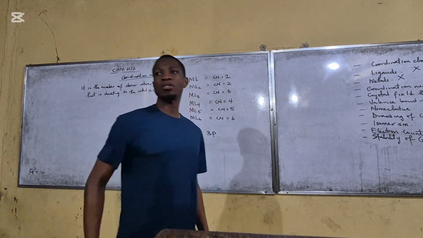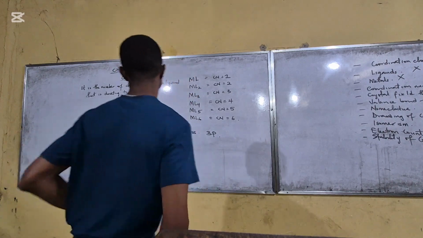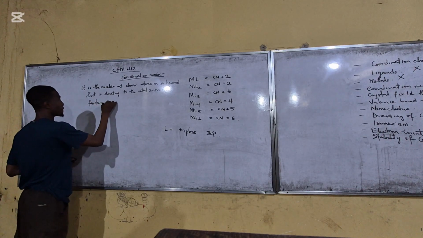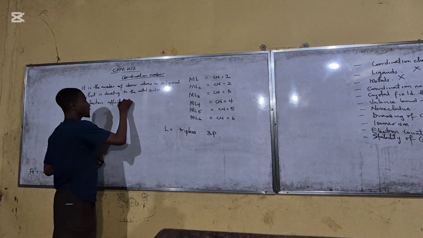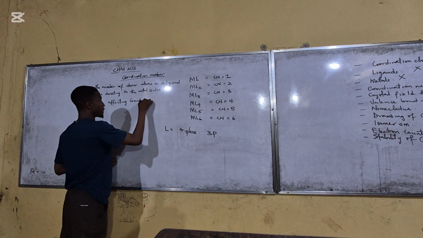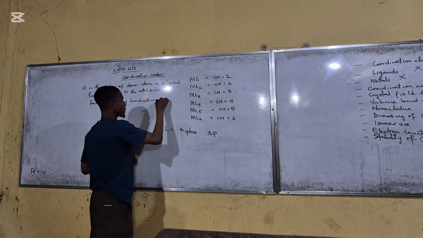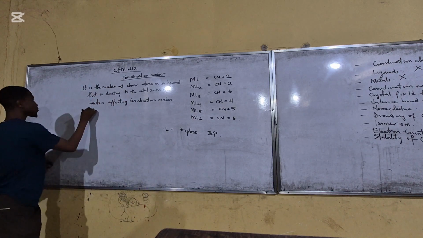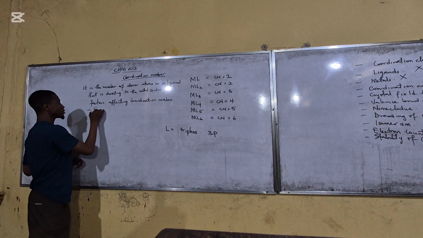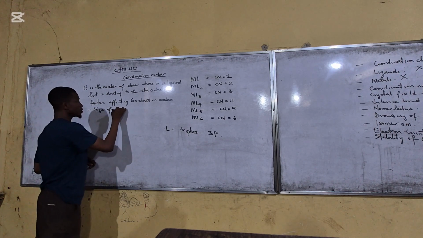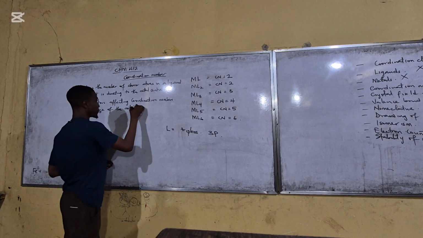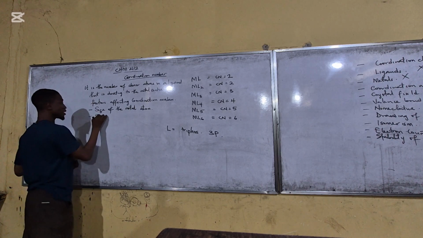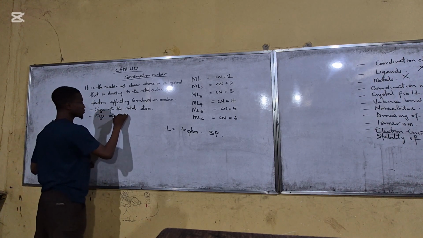And then we have factors that affect coordination number. One of those factors is the size of the metal atom. We also have the size of the ligand.